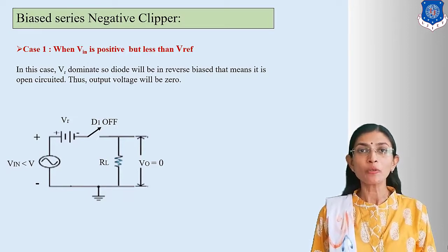If it is reverse biased, that means an open switch, and if D1 is an open switch, then the output is 0. That's why the voltage across the load resistance, VO, equals 0 for case 1.